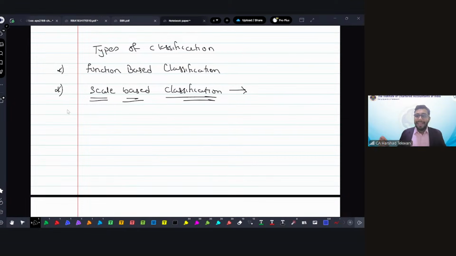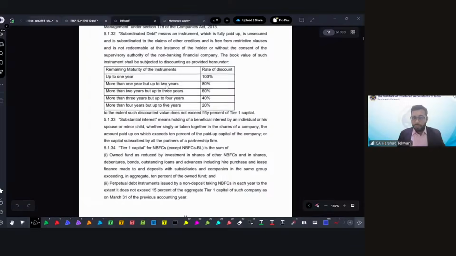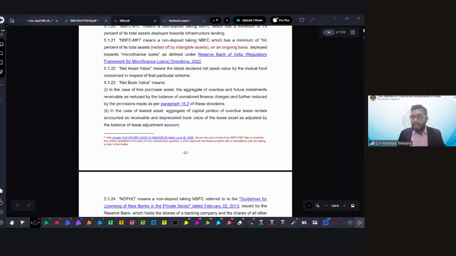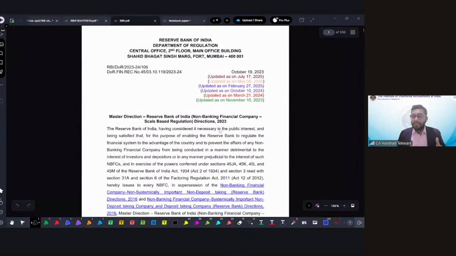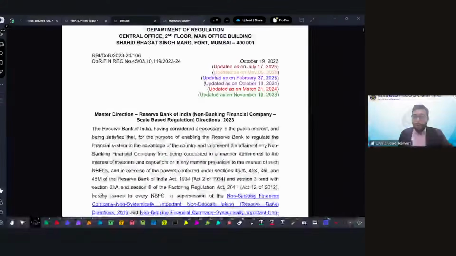Now we have a scale-based classification. Scale-based classification is divided into four scales as per the scale-based regulations. Now these classifications work as per SBR, the scale-based regulation. That's the main and key NBFC regulation which is applicable as of today. Okay, which talks about a lot of things.